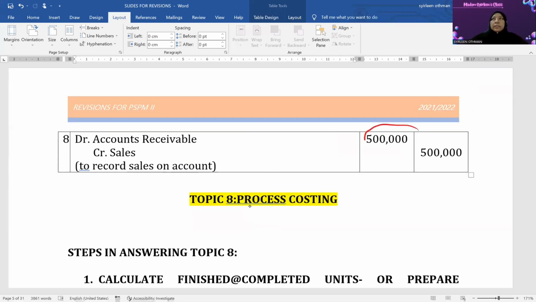This is the item given in the question. It says we sell on account, that means we will debit accounts receivable and credit sales 500,000. This is to record your sales.